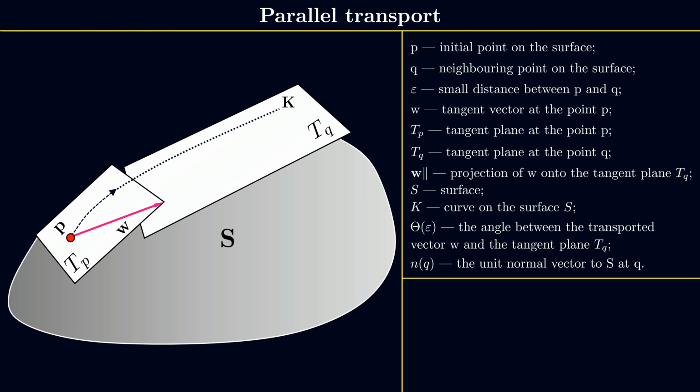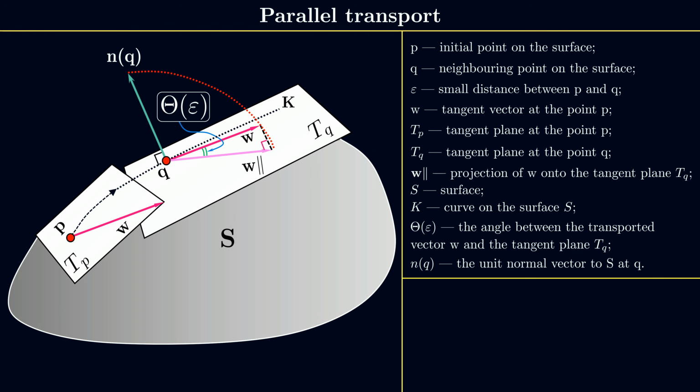We will transport this vector parallel to itself in the surrounding three-dimensional space to a neighboring point Q. However, the surface is curved, so the tangent plane at point Q is already slightly rotated relative to the tangent plane at point P. As a result, the transported vector, generally speaking, ceases to be tangent to the surface and no longer lies in the new tangent plane. To obtain a tangent vector again, it must be projected onto the tangent plane at point Q.